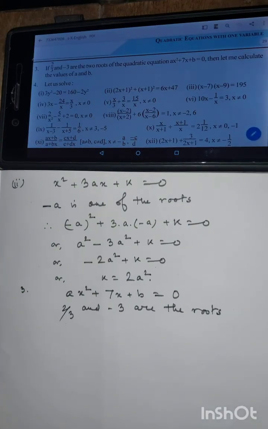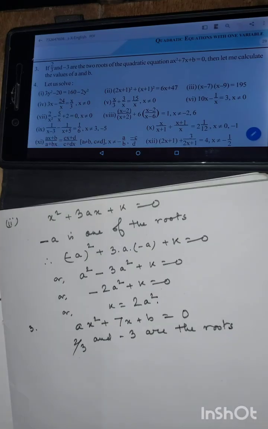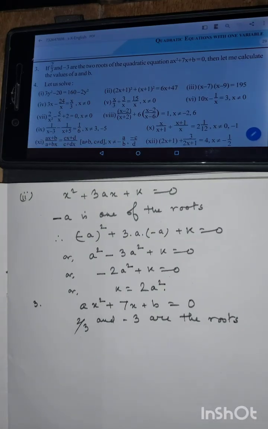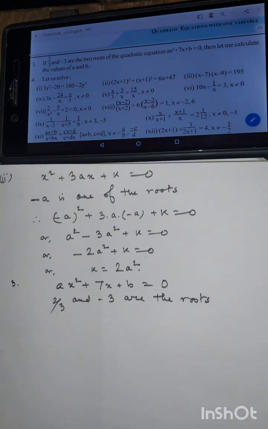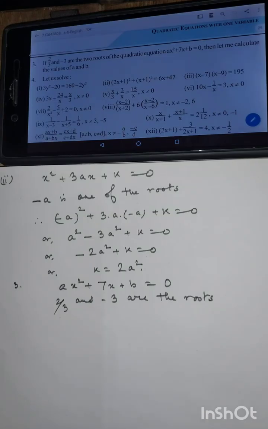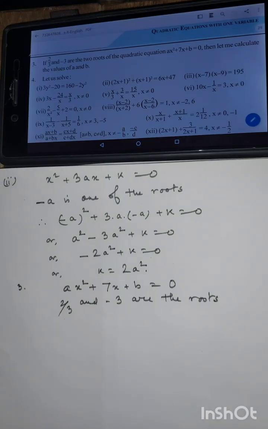Therefore if 2/3 and -3 are the roots of this equation, they will satisfy these equations. So let us put 2/3 in place of x.